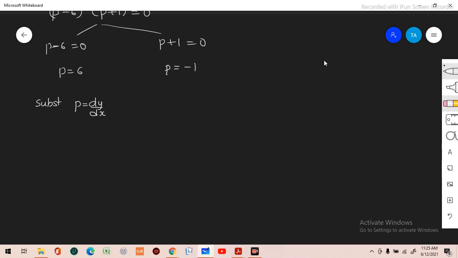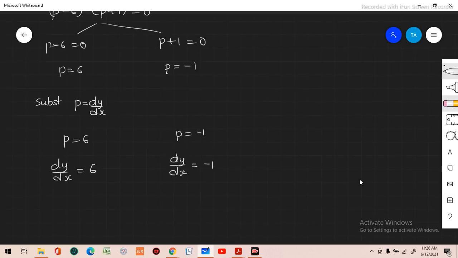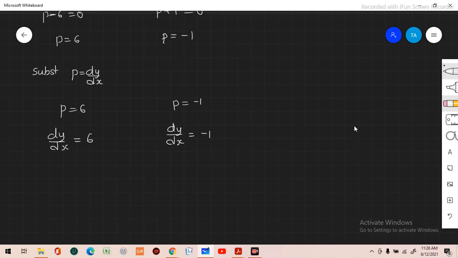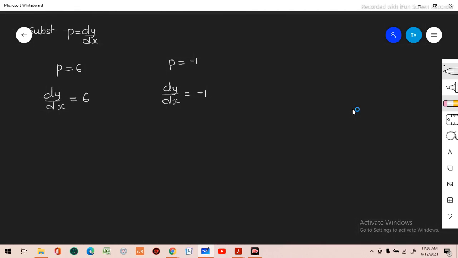Here p is equal to 6, so in place of p I am substituting dy by dx is equal to 6. Here I have p is equal to minus 1, so I am substituting dy by dx is equal to minus 1. Is it fine, guys? Yes, sir.